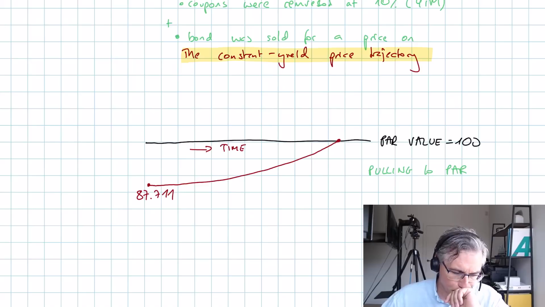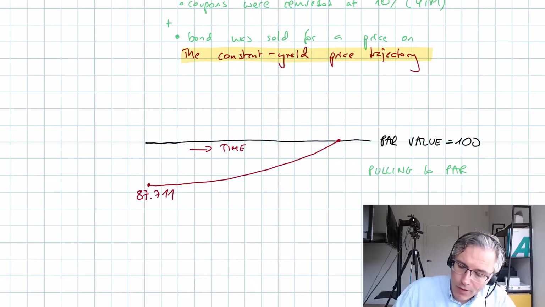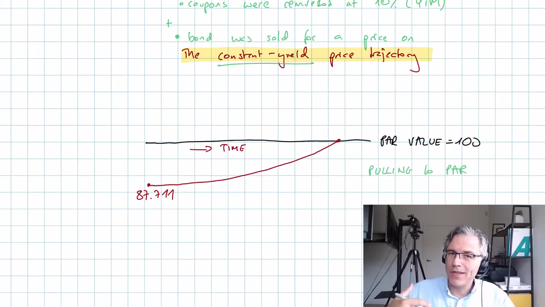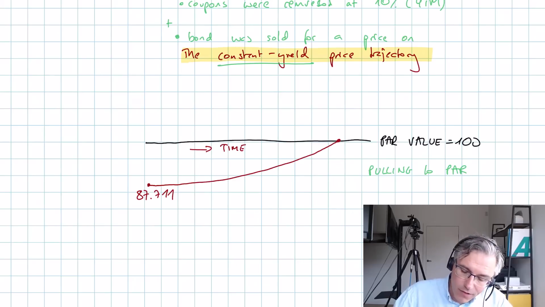And that only works when you've got constant yield, when interest rates don't change, or the required rate of return in the market is not changing. And the same thing will happen if you buy a bond at a premium. It will also be pulled to par.